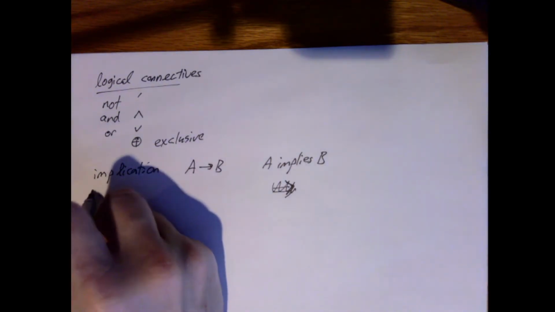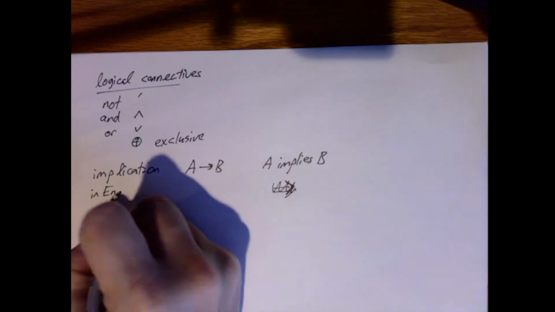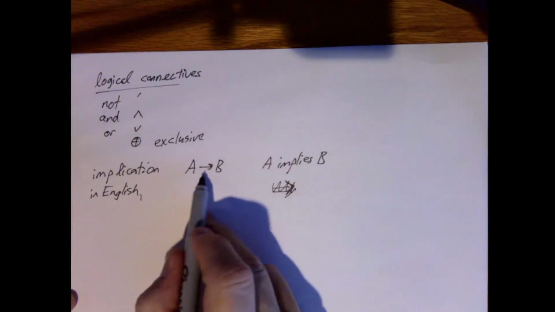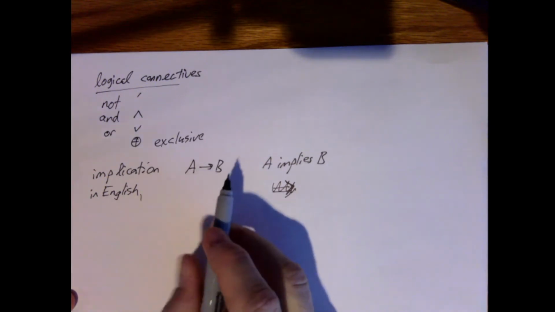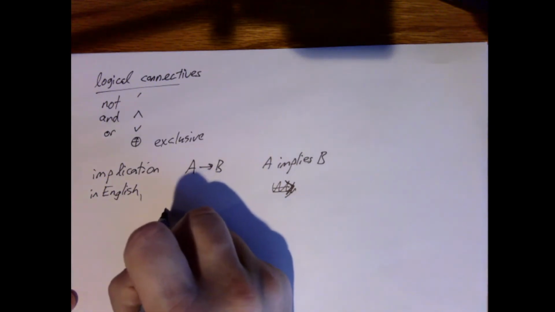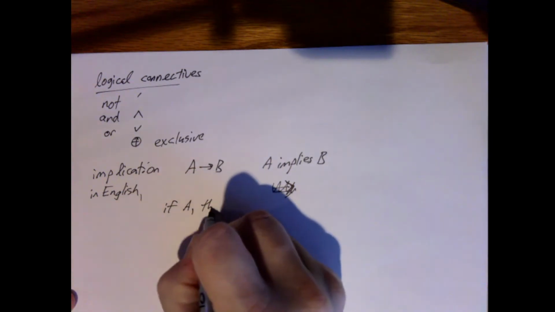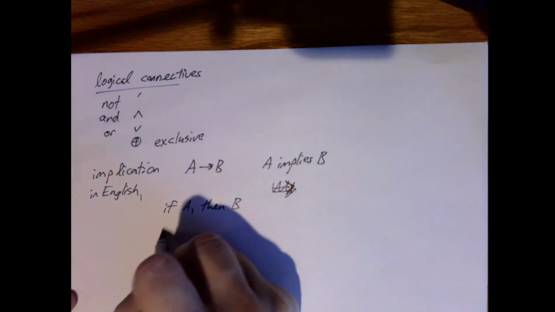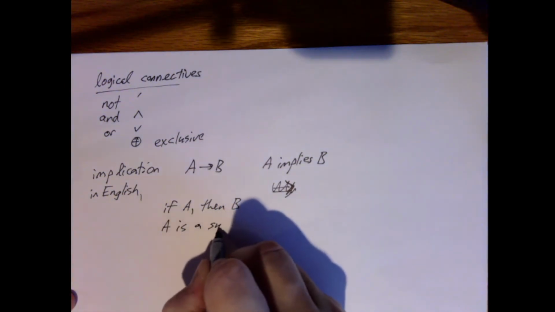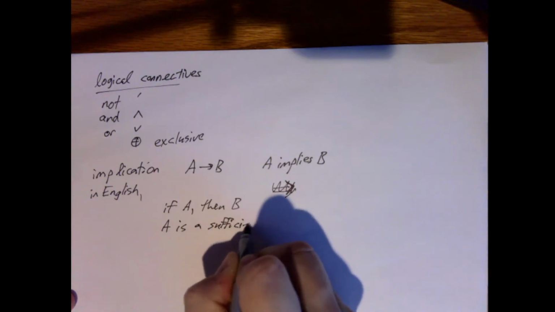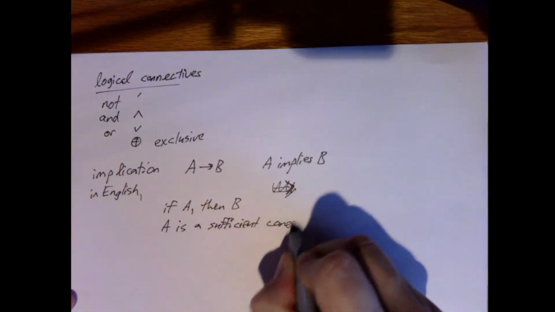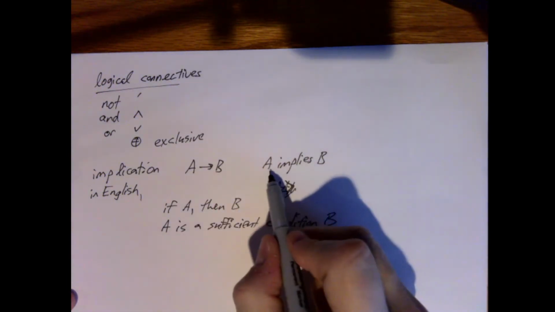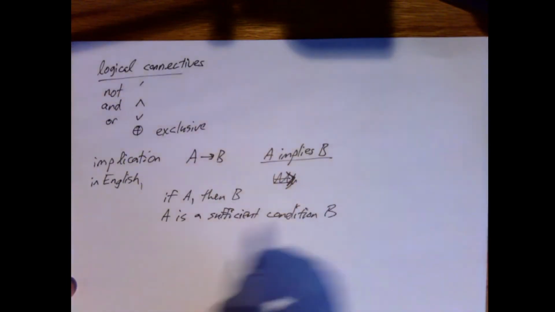Now in English, if we had a word problem, what would represent this? Well, we might see such things as, if A, then B. We might see A is a sufficient condition for B. We might actually see what I wrote here, A implies B, and there are some others.